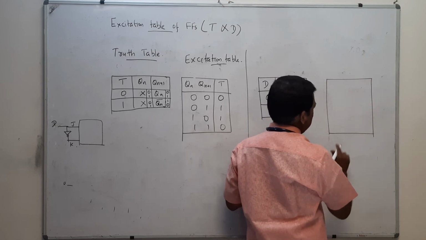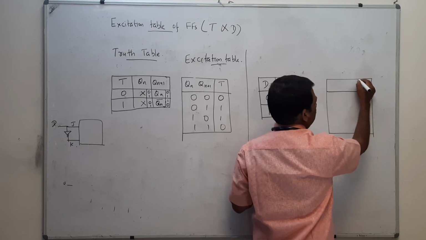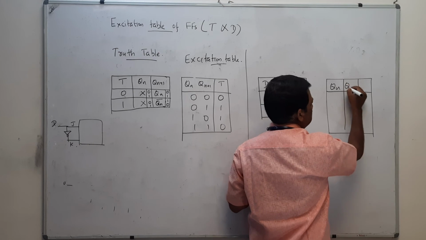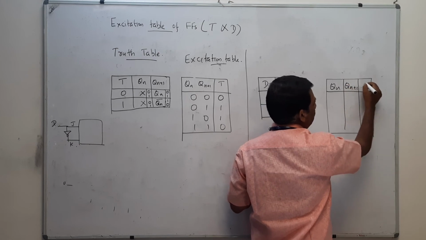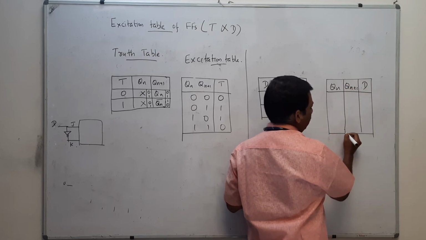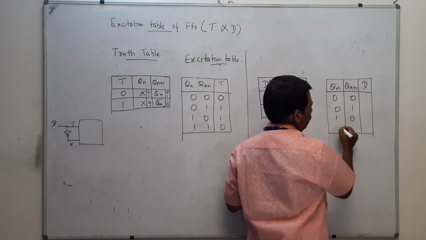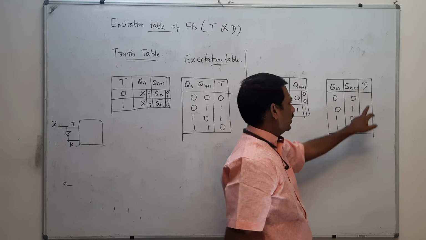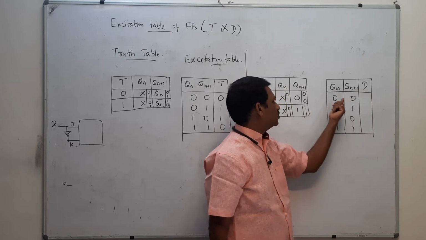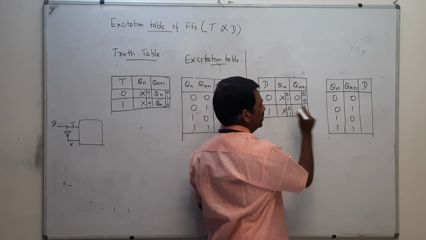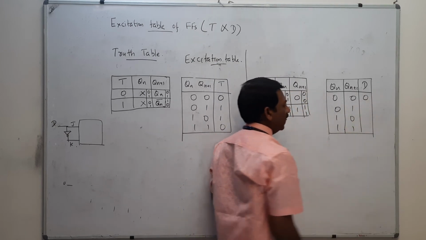This is the excitation table. Here, this is Qn, this is the next value Qn plus 1, and what should be the value of D? For 0 to 0 change, you should have D equal to 0.